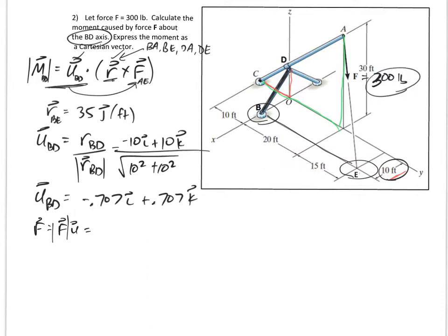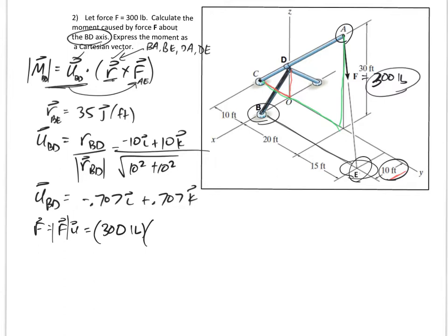So this would be 300 pounds times the U of the line of action of the force. So that would be the R over R of the force. So the R from A to E.